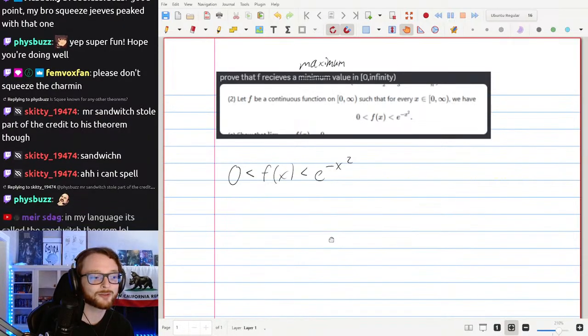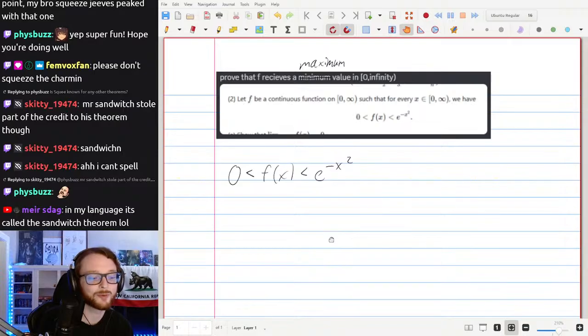I keep wanting to divide through by x and take the limit as x goes to 0, but that's probably not it. Your language calls it the sandwich theorem. Oh, nice.